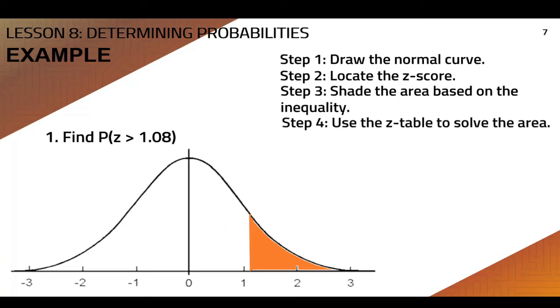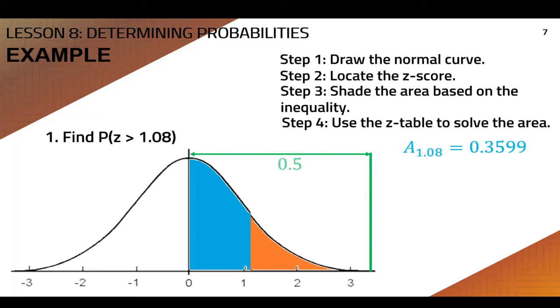Next, let's solve the area. Using the trick, since this area does not touch or overlap the mean, we use subtraction. We subtract the area for 1.08, which is 0.3599, from 0.5.